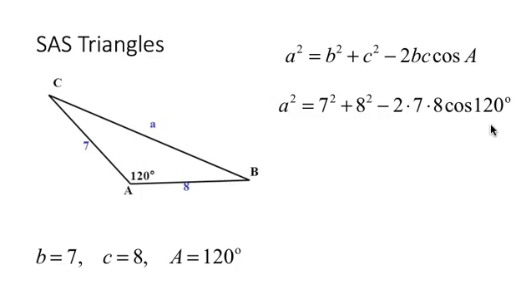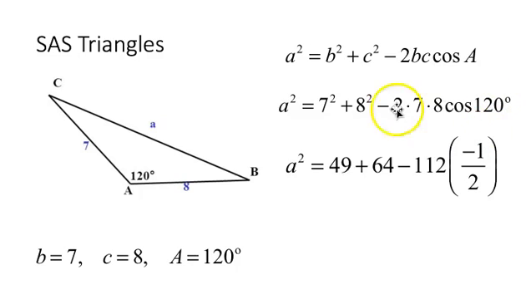Well, cosine 120 is one we should know. 120 degrees is in the second quadrant. In the second quadrant, cosine is negative. Reference angle is 60 degrees. Cosine of 60 is a half, but in the second quadrant it would be negative a half. So 7 squared is 49, 8 squared is 64. 2 times 7 times 8 is 112, so minus 112 times negative a half.